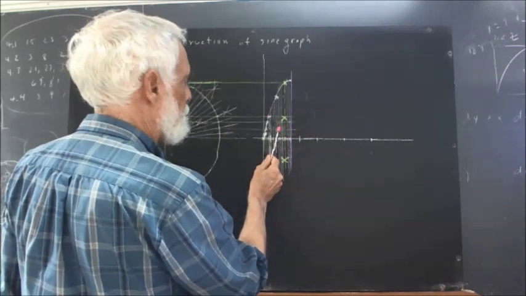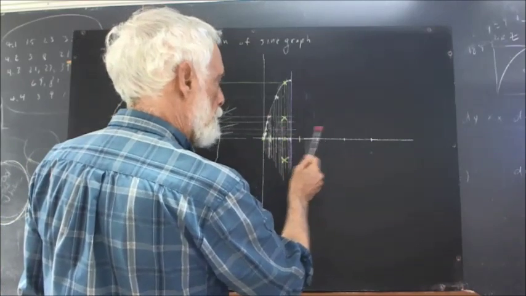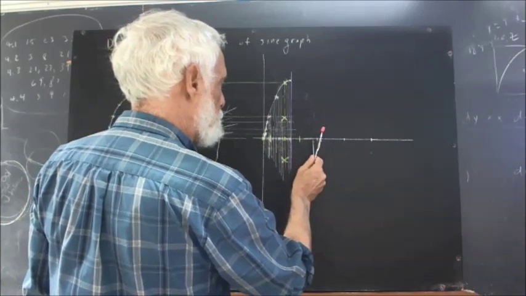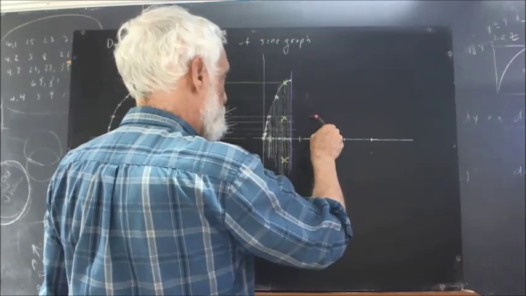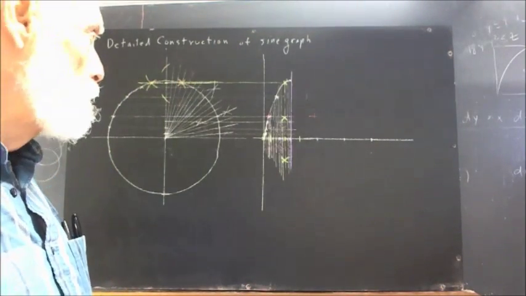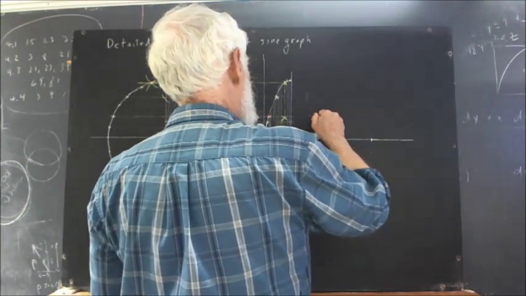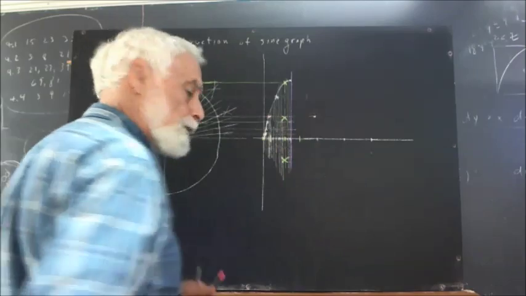And, okay, this is 1, 2, 3, 4 points over here. Assuming we've got this interval subdivided, we would come over to the corresponding point here. And we get this point as the reflection of this point.